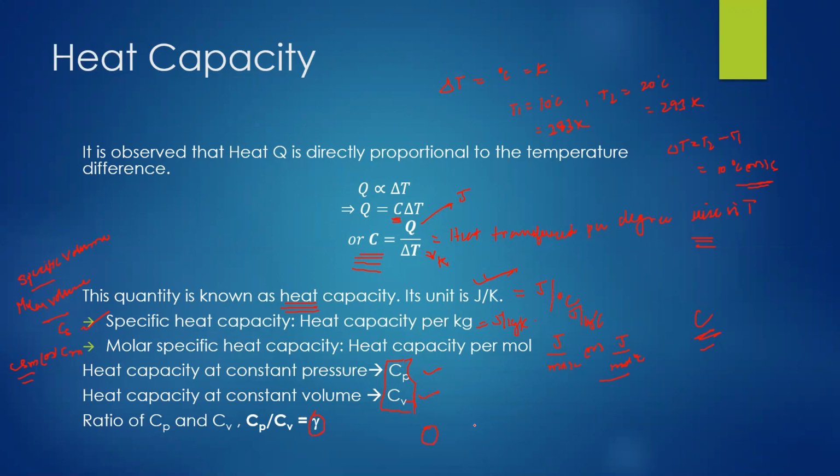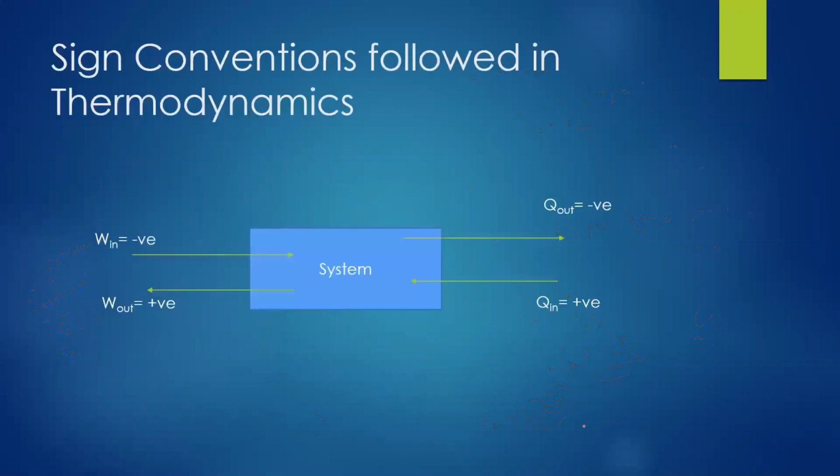For example, oxygen is a diatomic gas, it has two atoms of oxygen in one molecule. And CO2 is a triatomic gas. So gamma is dependent on the number of atoms. That's a concept that comes from the kinetic theory of gases, which we'll not go into too much depth about. So that's all.